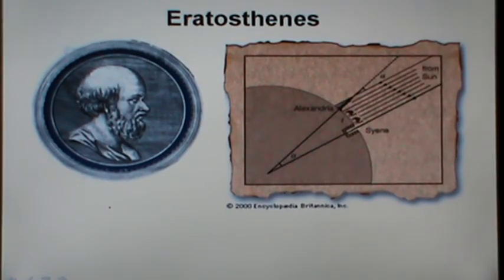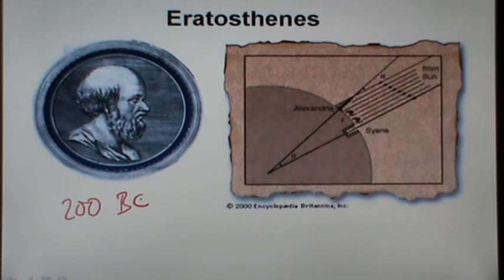Oh, by the way, there's a nice story about a philosopher named Eratosthenes who was trying to estimate the diameter of the Earth, and he lived around 200 BC.